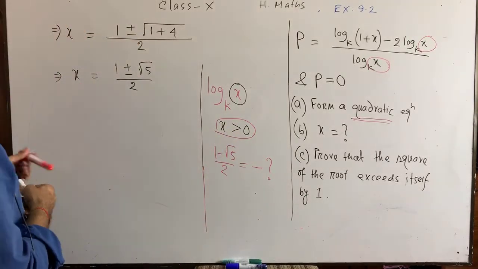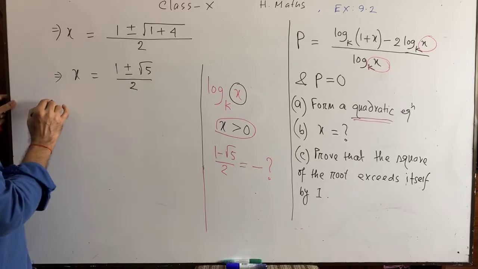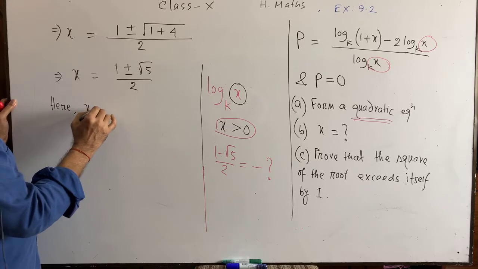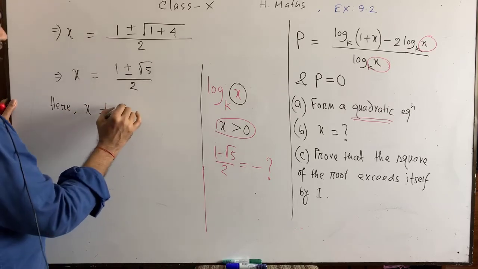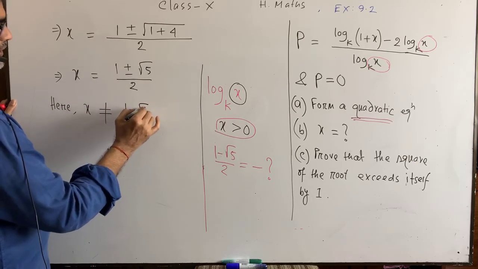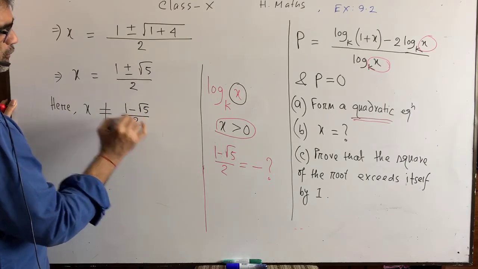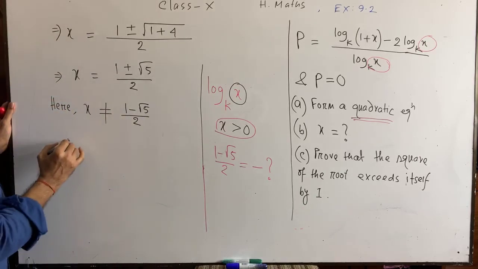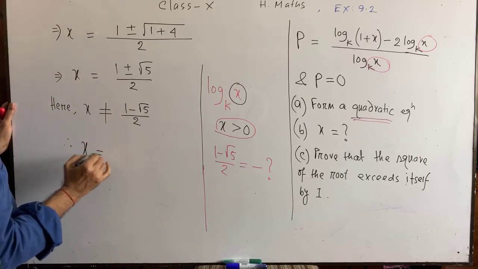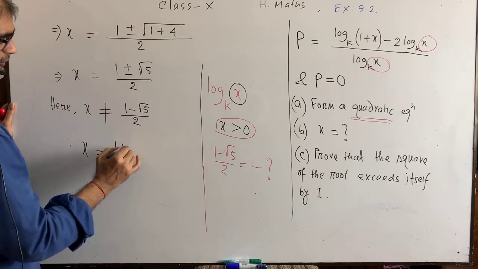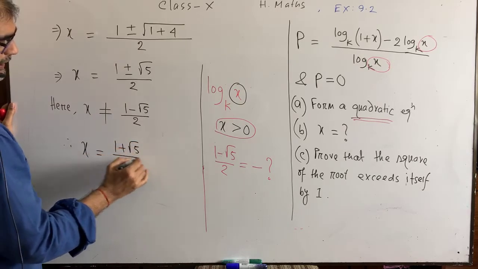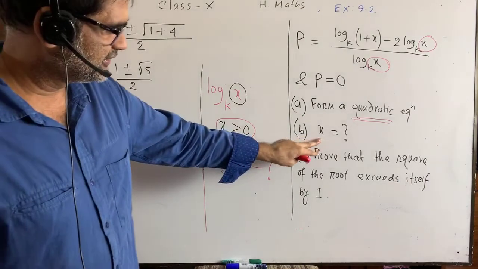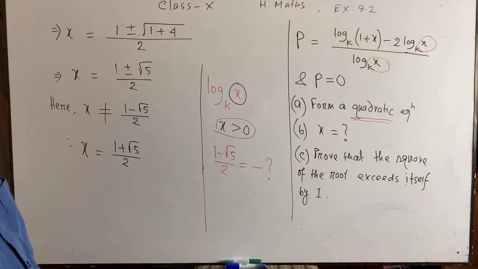So from here we can write x is not equal to 1 minus root 5 by 2. Therefore x is equal to 1 plus root 5 by 2. So our answer is x is equal to 1 plus root 5 by 2.